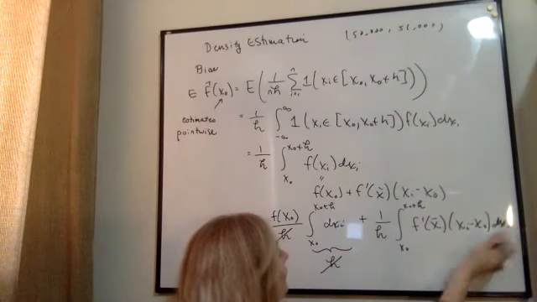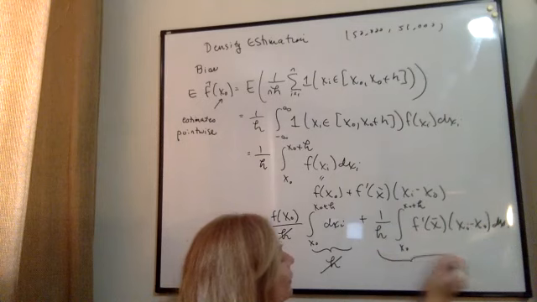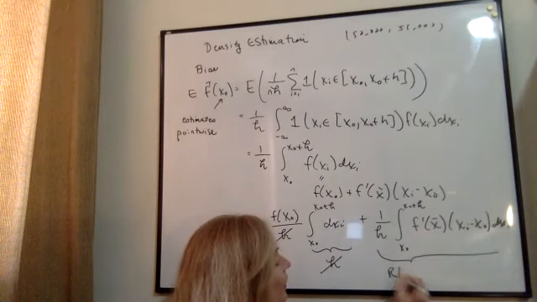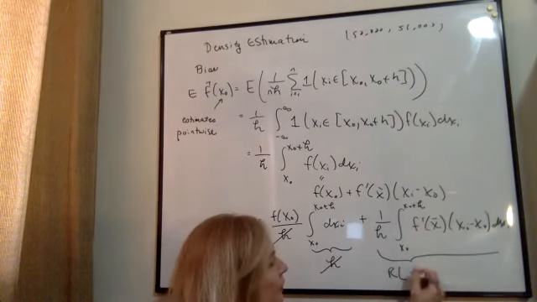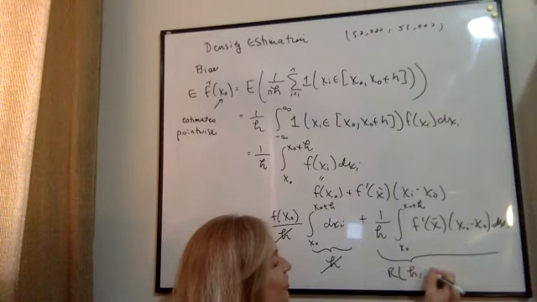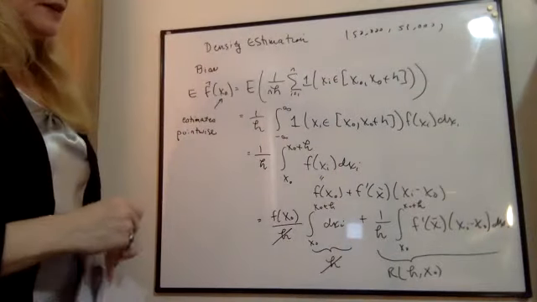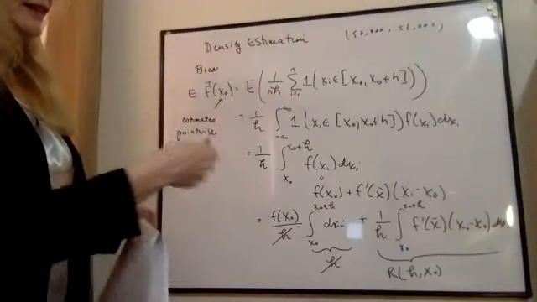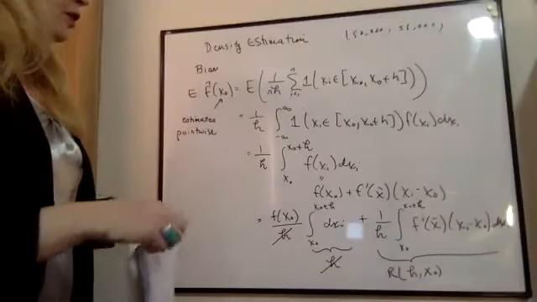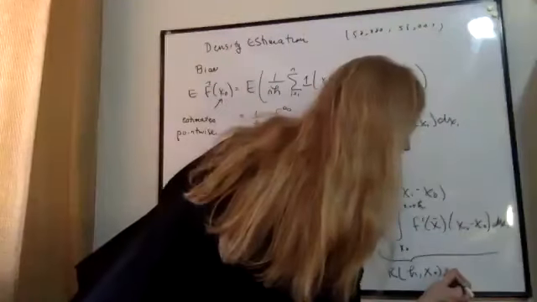dxi. All right, and this is called a remainder term. Notice that the remainder term is a function of h and x naught. It's not a function of xi because we're actually integrating out over xi. But this is the bias.